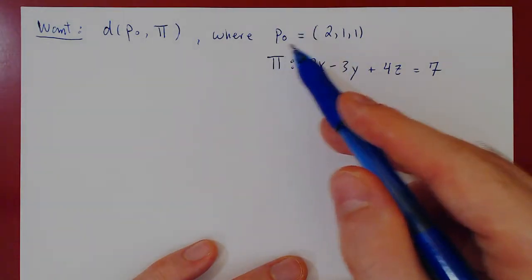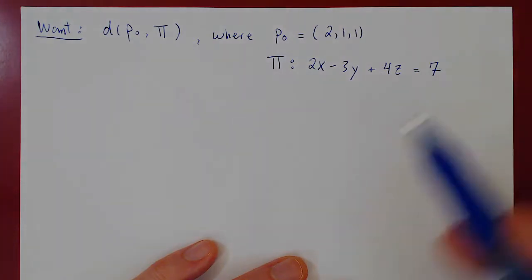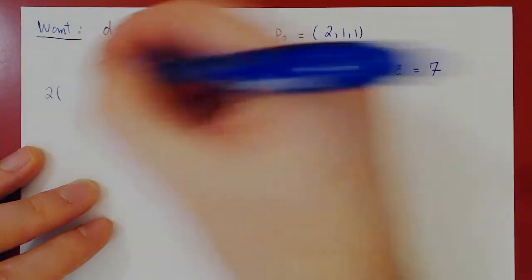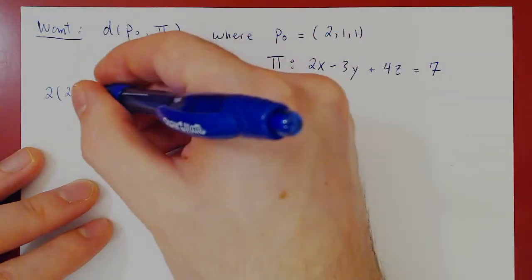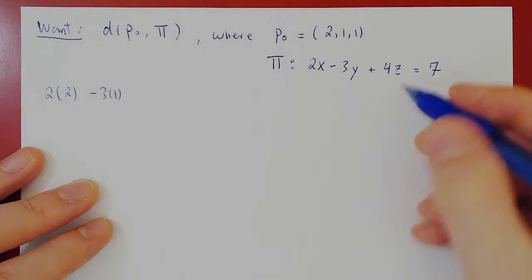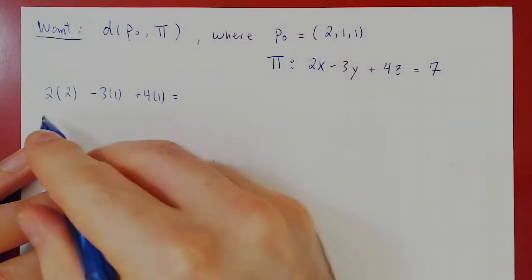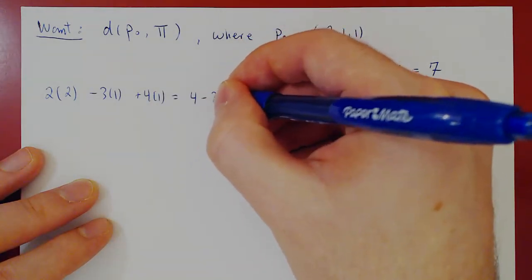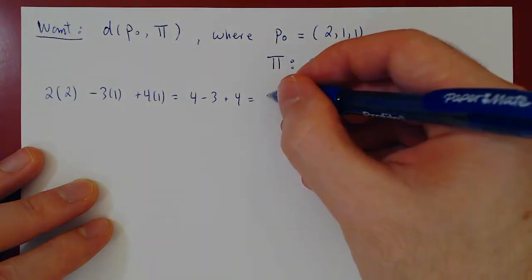Well, the point will be on the plane if and only if the point is a solution to the plane equation. Let's substitute. So 2 times 2 minus 3 times 1 plus 4 times 1 gives you what? Well, 4 minus 3 plus 4, which gives you 5.